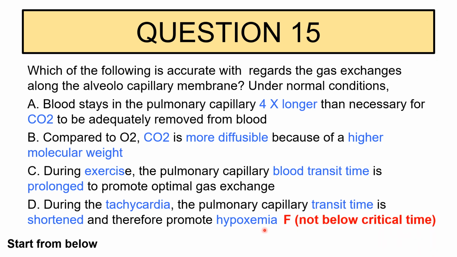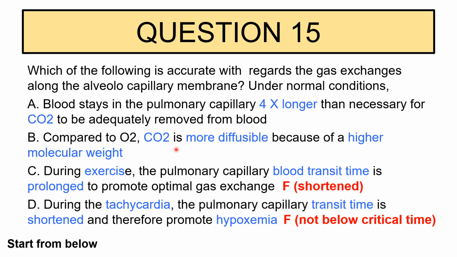We mentioned it goes down, the pulmonary transit time, but it seldom goes down below 0.23 seconds, which is the critical contact time. Okay, during exercise, the pulmonary capillary blood transit time is prolonged to promote optimal gas exchange. Again, during exercise, there's tachycardia, so the blood transit time is shortened.